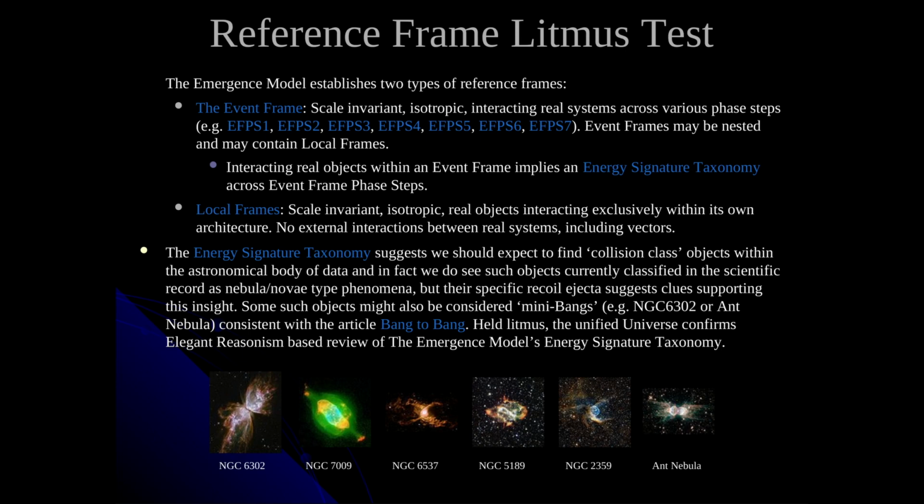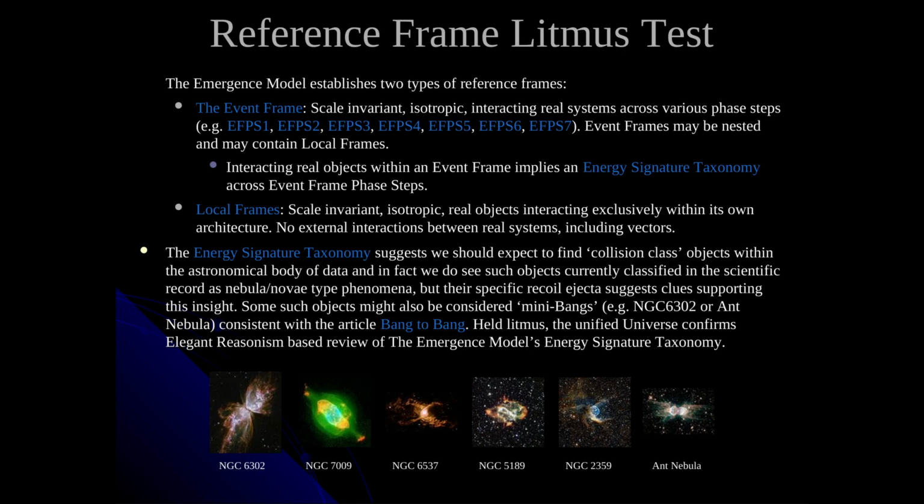They fit certain locations on the energy signature taxonomy. They are consistent with the emergence model and the event frame phase steps. When these events transpired, the initial part of that event would have been at EFPS 5. What we are seeing in these images is in EFPS 6.